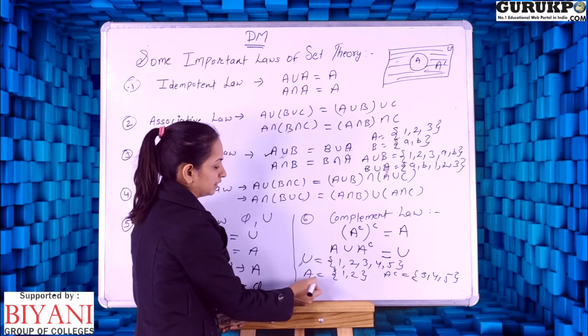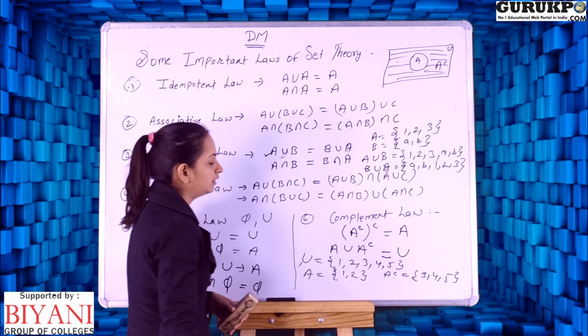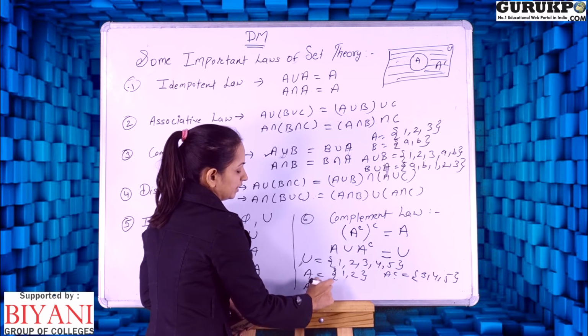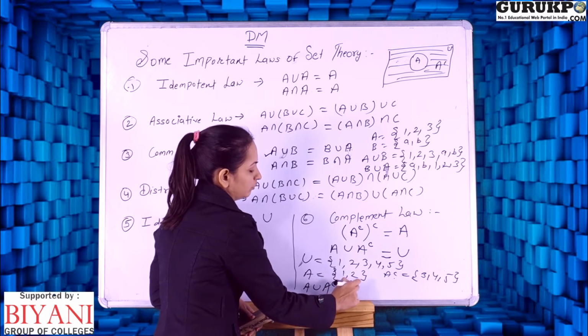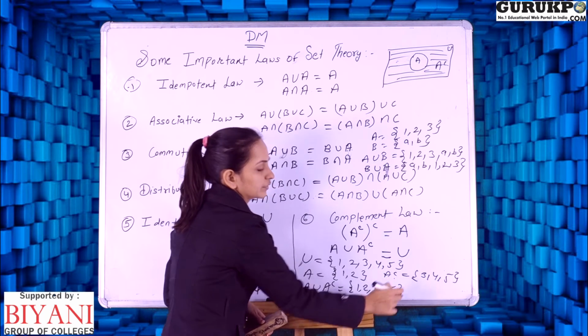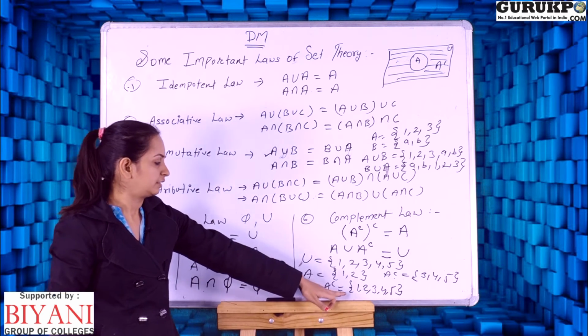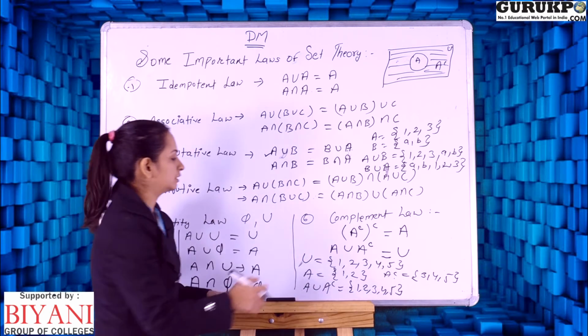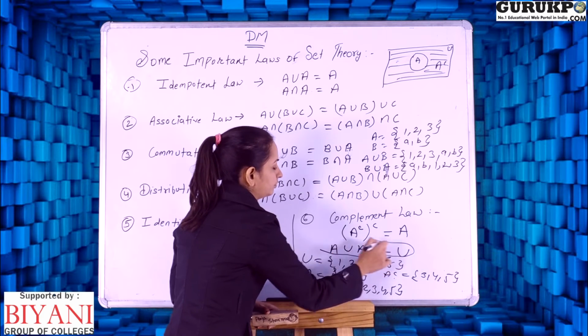So this is my set A and this is the complement of the set. If I take the union of these two sets, A union A's complement, that will be equal to 1, 2, 3, 4 and 5. So this is my set. What I get is the universal set again. Okay, so this law is proved.